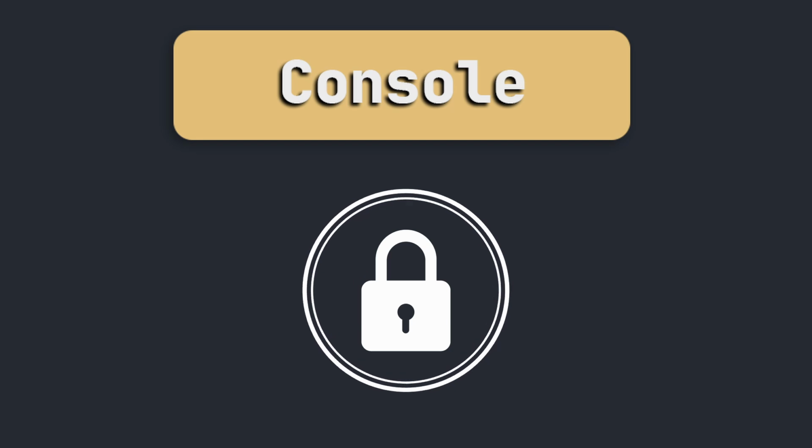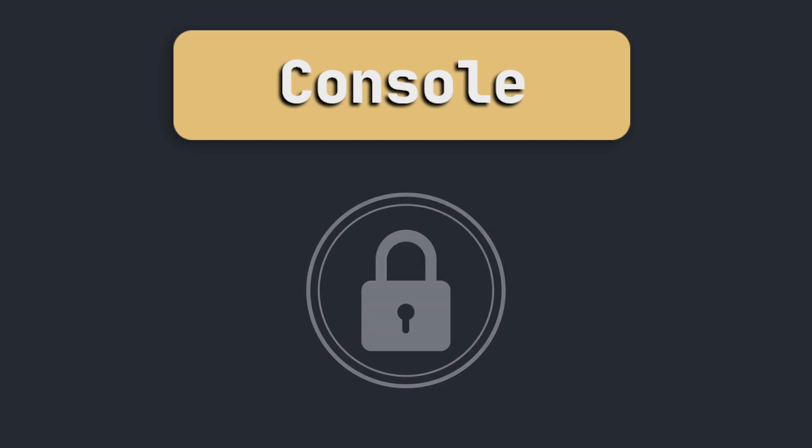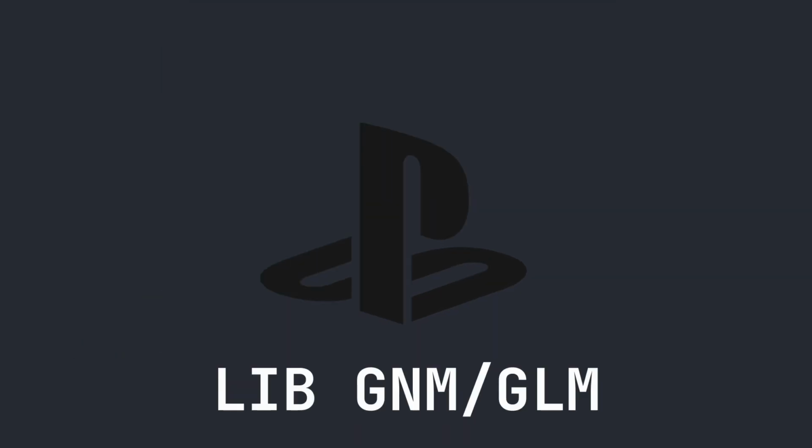So now we're moving into console-specific APIs, and most of them are actually not open source, which is why we cannot really gather information about these. For PlayStation developers, we have libGNM and GNMX, which serve as the primary graphics APIs, albeit with limited accessibility outside of PlayStation developer kits.